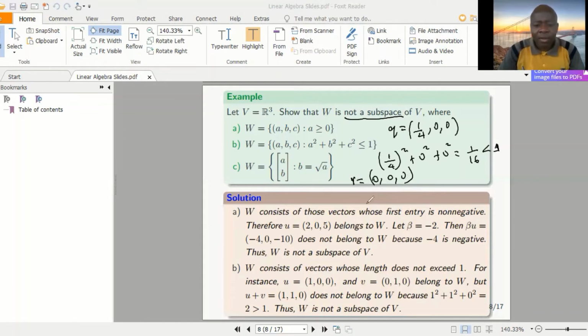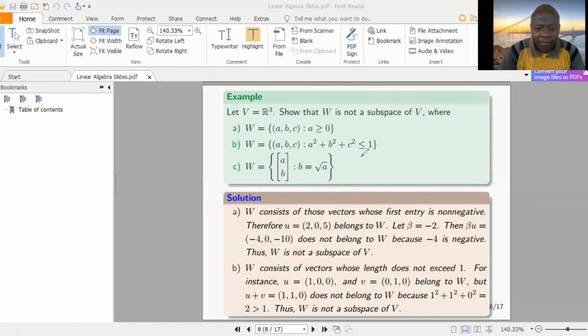Is it in W? 0 square plus 0 square plus 0 square is 0. Yes, this 0 is less than or equal to 1. So this R is also in W. In other words, W contains a 0 vector.